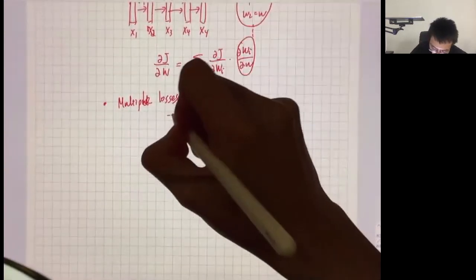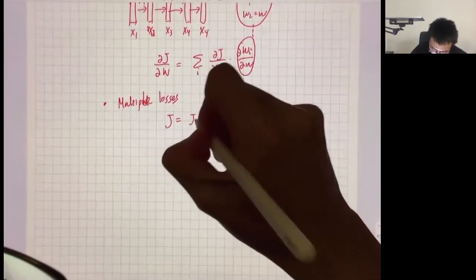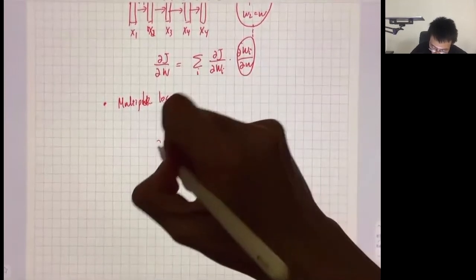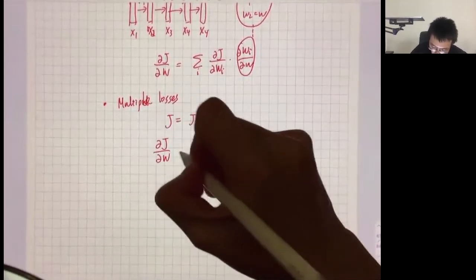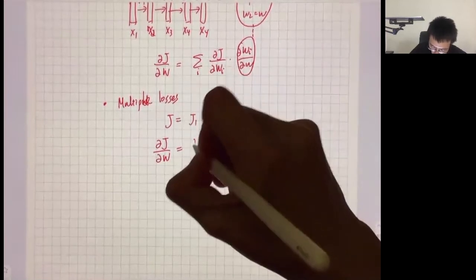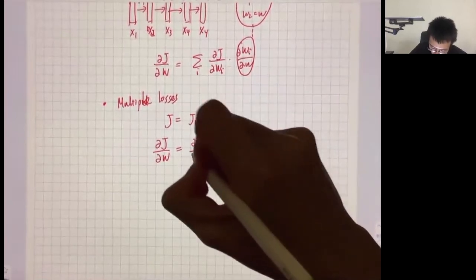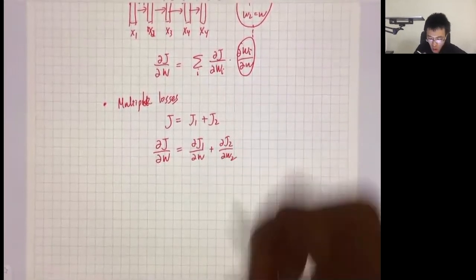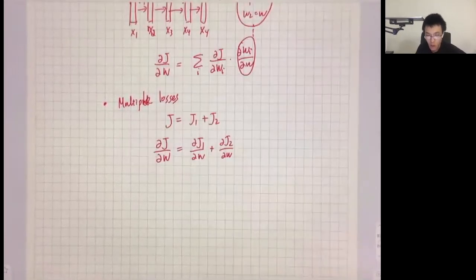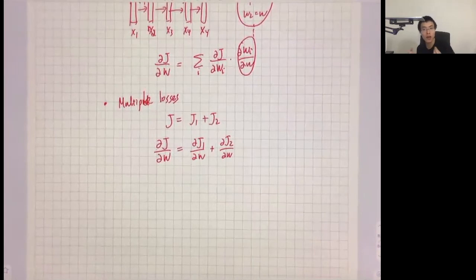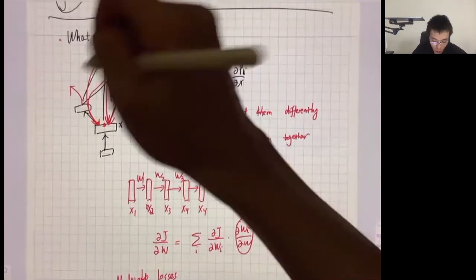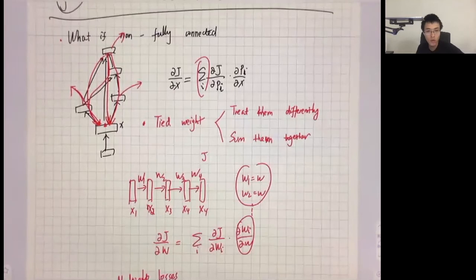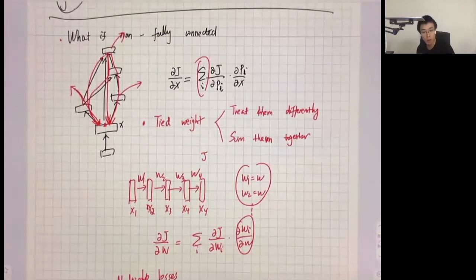So if your loss is J1 plus J2, for example, then the partial derivative of J with respect to W is actually the partial derivative of J1 with respect to W plus the partial derivative of J2 with respect to W, right? So again, it's the sum, okay? You can do the backpropagation for each thing, but we don't do that separately. You can group them together and do the backpropagation.